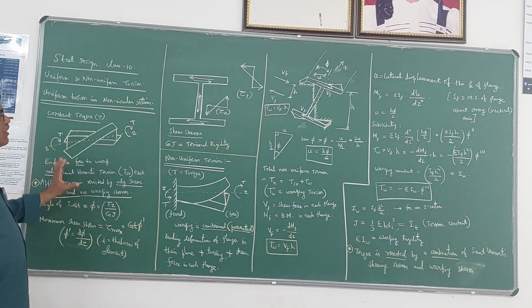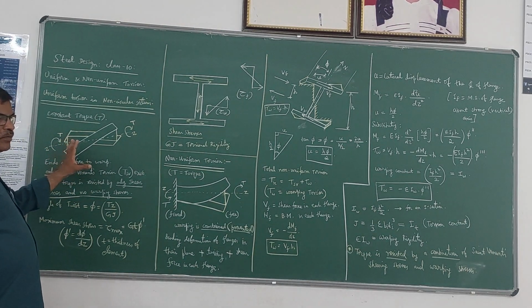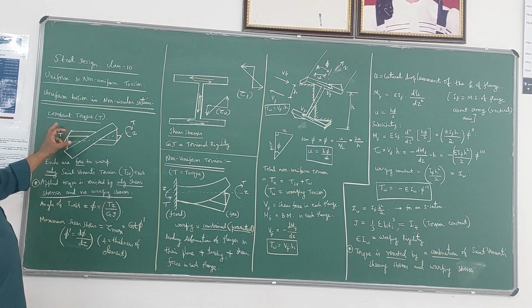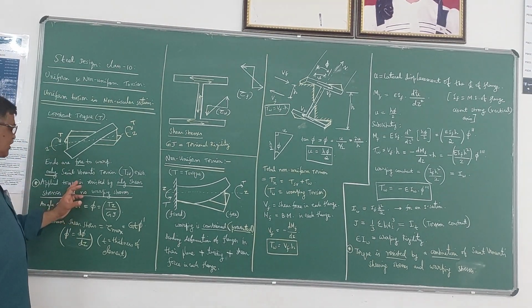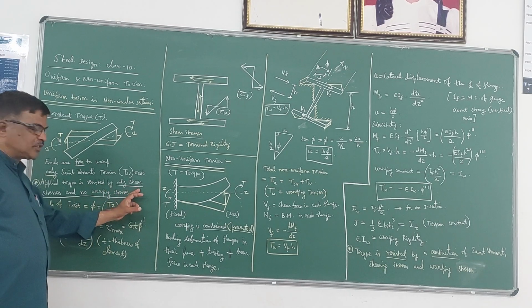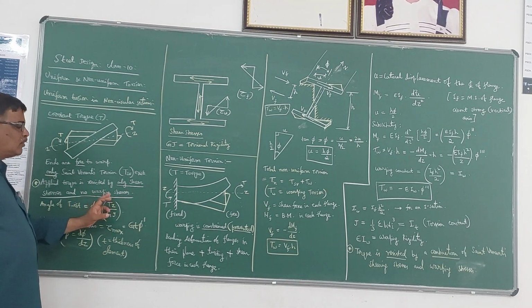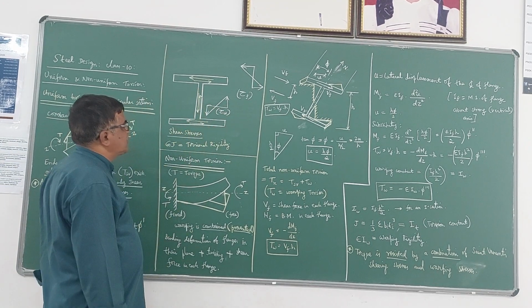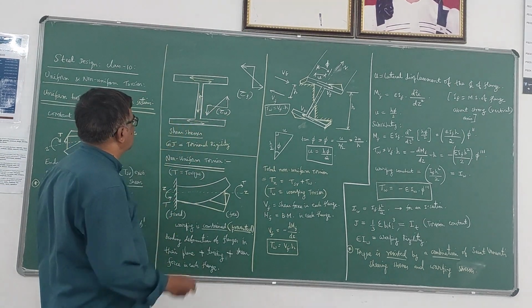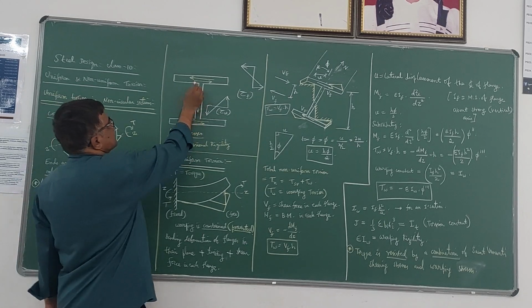So this is about uniform torsion, which is subjected to a constant torque. In the case of uniform torsion, the torque is resisted by only shear stress and there will not be any warping stresses. So this is the example of an I section subjected to uniform torsion. The shear stress distribution will be something like this.